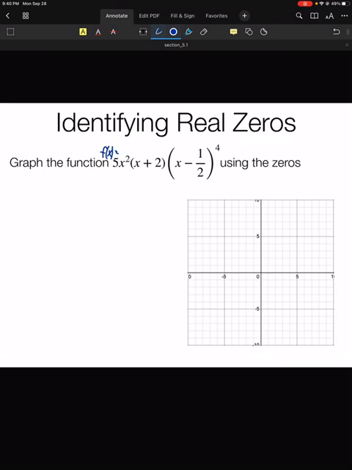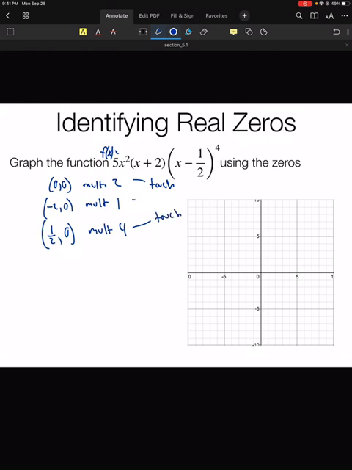So we need to remember what those zeros were: 0 with multiplicity 2, negative 2 with multiplicity 1, and 1/2 with multiplicity 4. So here and here, it's just going to touch, and here it's going to cross.